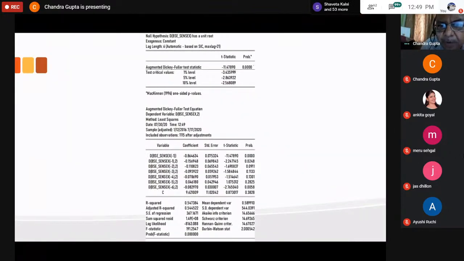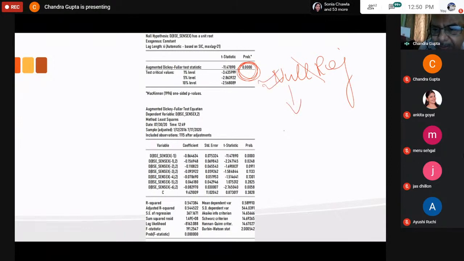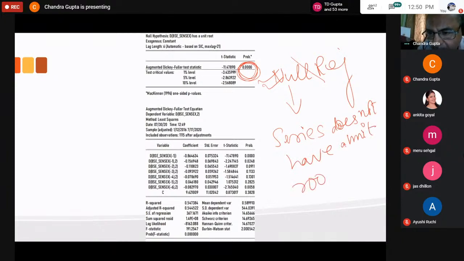Now you see the probability value is almost zero. Null is rejected. That means the series does not have a unit root, and therefore the series is a stationary series.